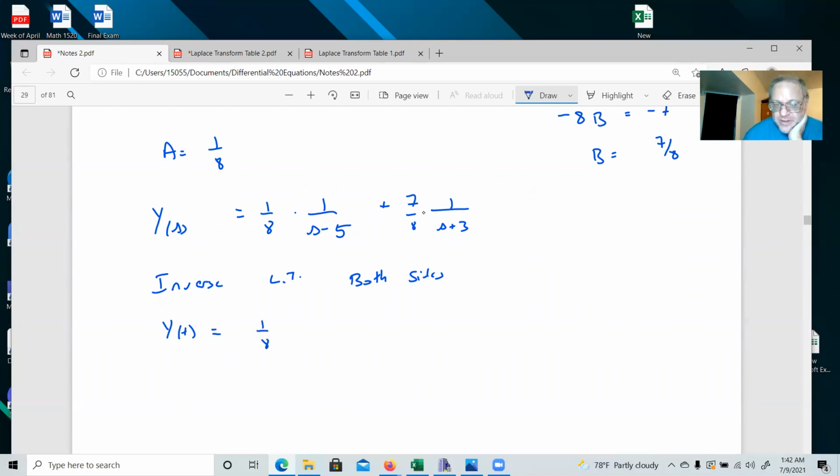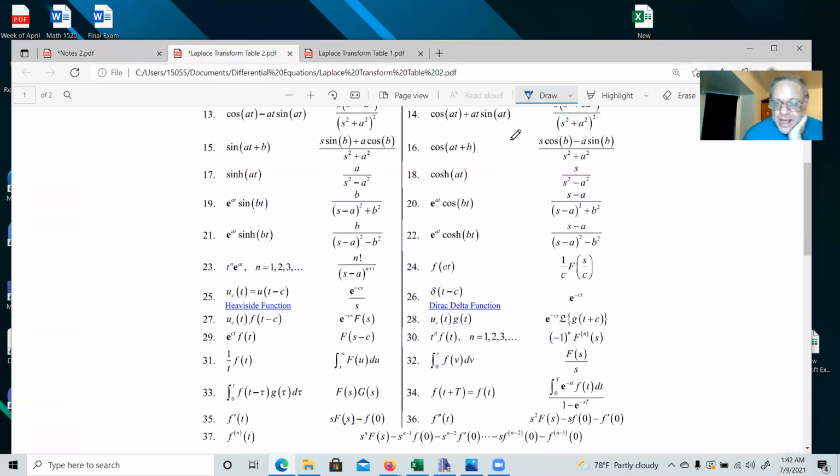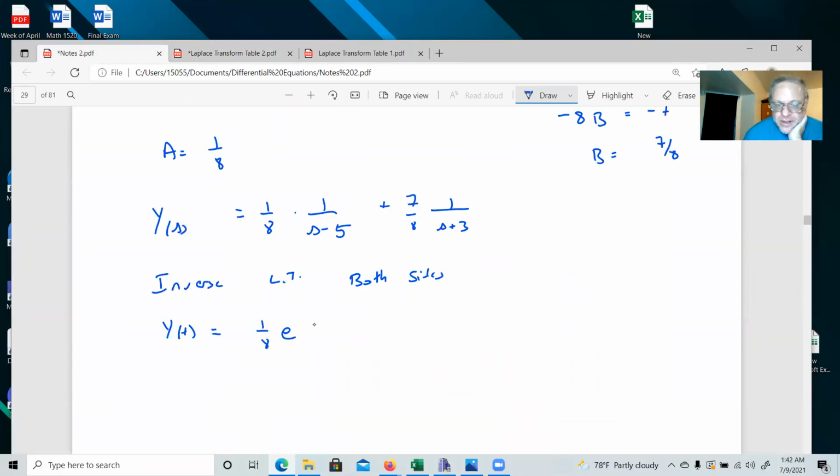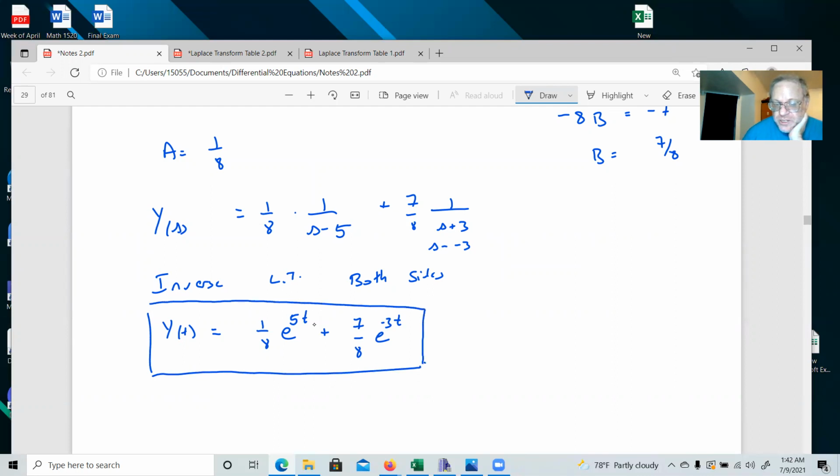This is 1/8 times e to the 5t, since it's s minus a, and a is 5 in this case, plus 7/8. Okay, this is a negative rate. This is s minus a, with a being -3. So this is e to the -3t. So there is our solution to this differential equation.